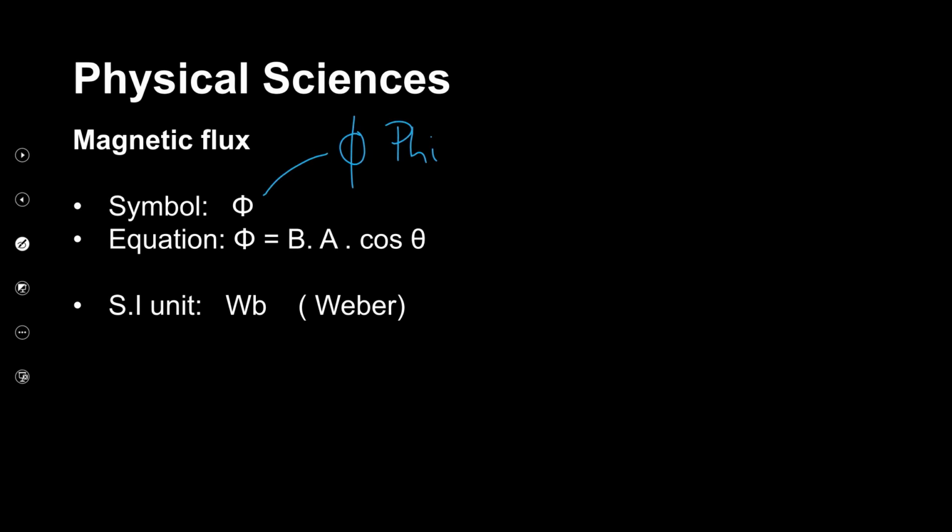Now, the formal definition, or the equation that we use to define magnetic flux, tells us that it's the product of the magnetic field strength and that area. Remember, that area is at a normal to B, in other words, perpendicular to B.